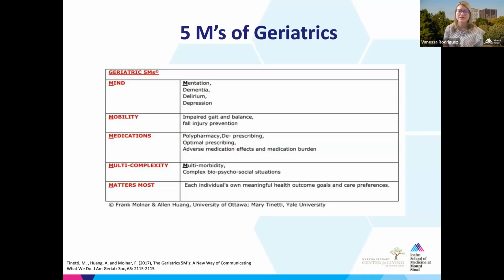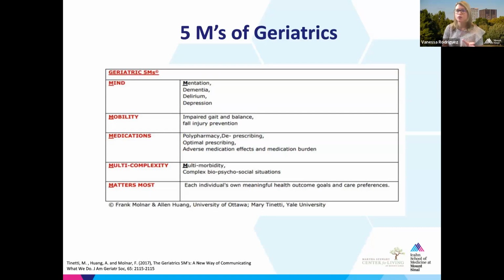Multicomplexity, I think this speaks for itself, but just thinking about all the different things that come and sometimes that patients have to live with. And so thinking about all the elements, not just the medical, clinical things, but also psychosocial as well. And then the most important of the Ms, what matters most.